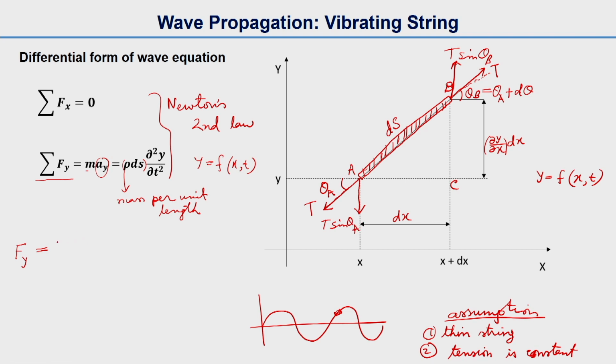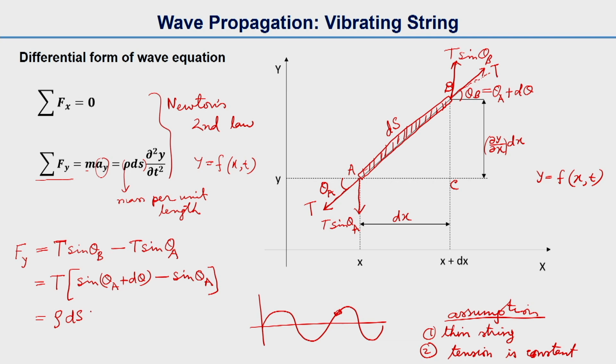So the resulting vertical force is equal to line tension multiplied by sin theta subscript B minus line tension multiplied by sin of theta subscript A, which we can write by taking T common out of this expression: sin of theta A plus d theta, the differential of theta, minus sin theta A. This expression will be equal to rho ds times the second partial of y with respect to t.